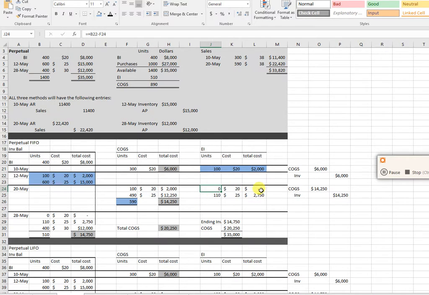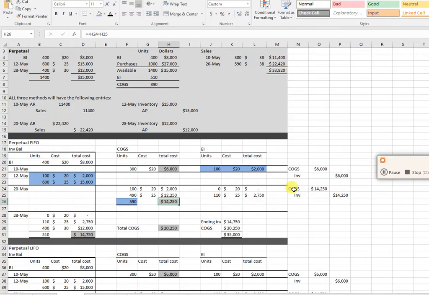Again, you don't have to put this line. I just wanted to reuse the formulas. I sold 490, so I need 490 more to make up the 590. So I sold 490 of the 600, leaving 110. So I add up my total cost of goods sold, which is 14,250. My ending inventory is sitting right now at 2,750.